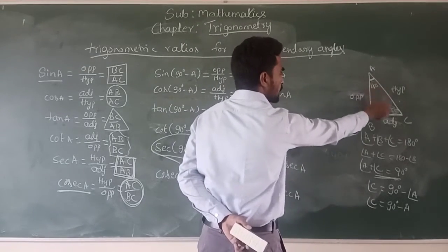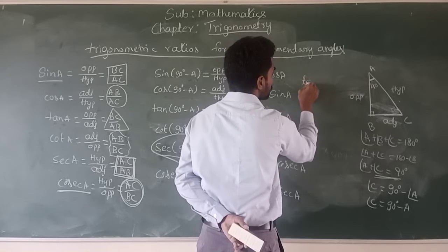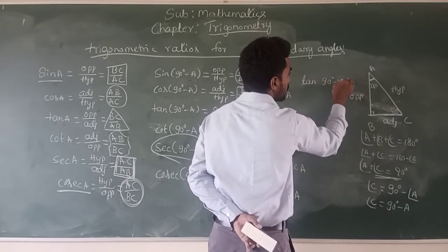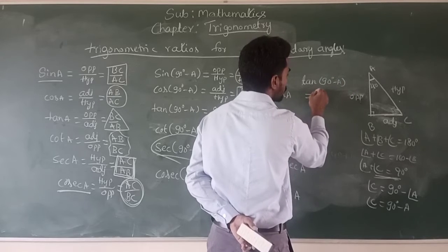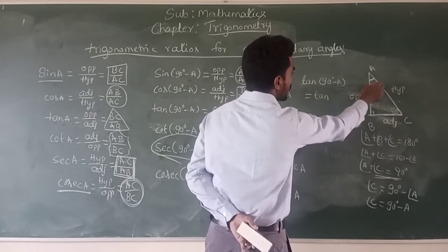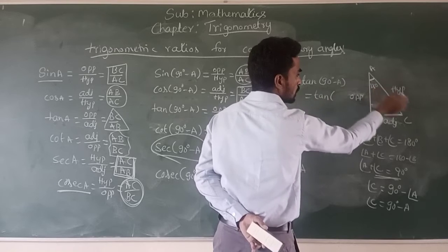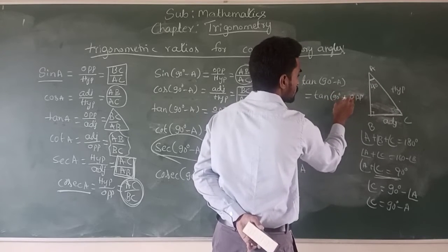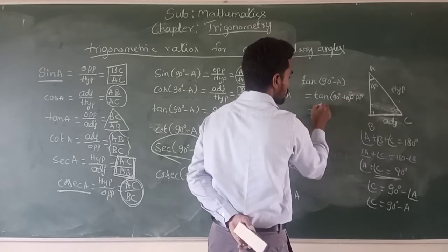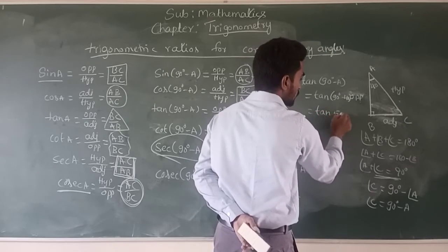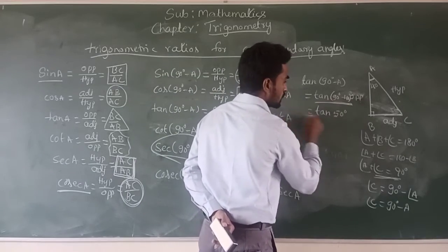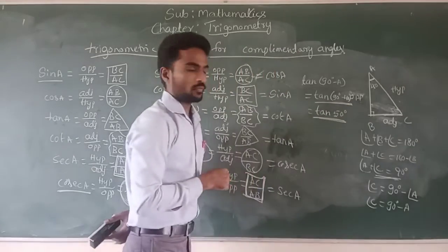Then applying, for example, tan 90 minus A, here A is equal to 40 degree, 90 degree minus 40 degree, that is equal to tan 50 degree. Then tan 90 minus 40 is equal to tan 50 degree.